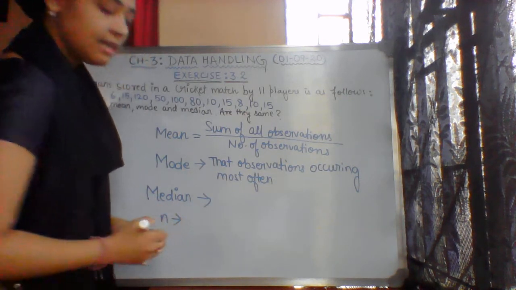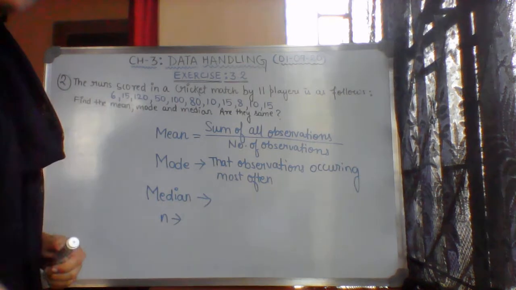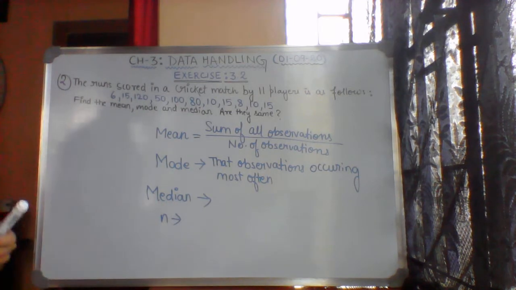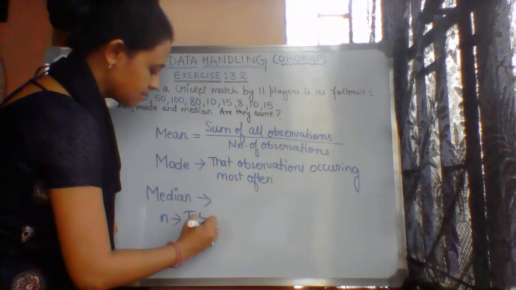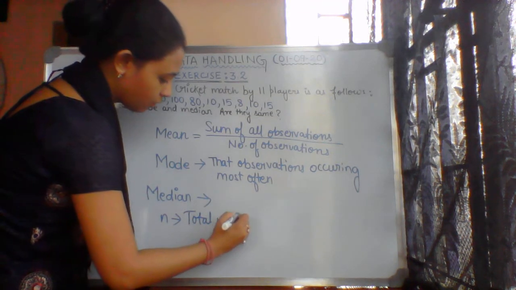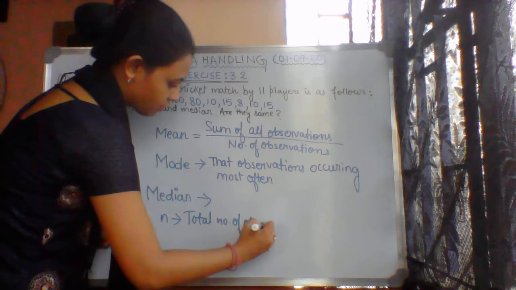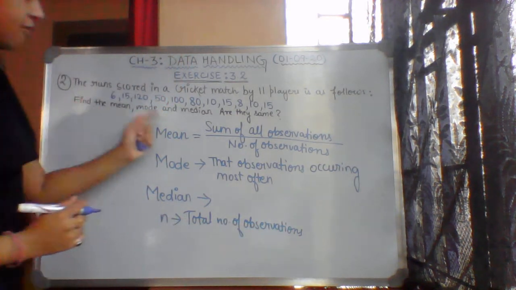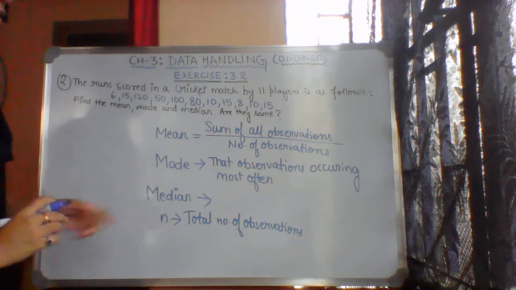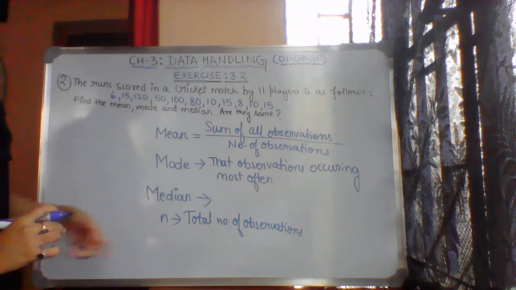What is n? Actually, n is the total number of observations. How many observations we have made, that number we denote as n.